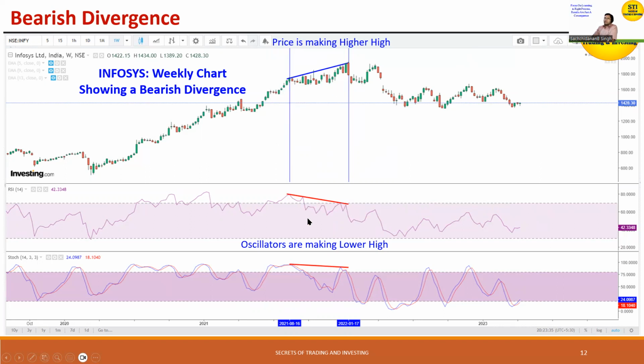That is the reason the RSI is coming down even as the price is making up. Whenever we see such a phenomenon in the stock market, get ready. If you have already purchased that stock, you can think of exiting your position or selling your stocks. Why do we purchase any stock?